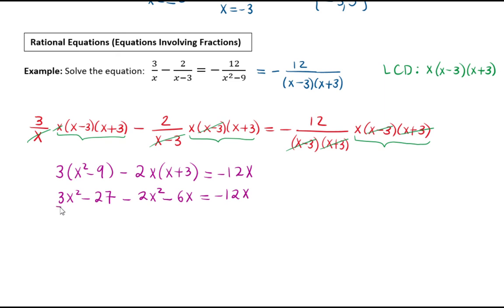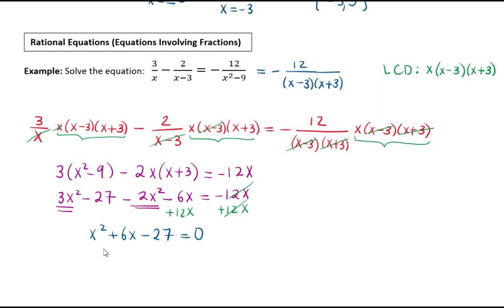So I can combine 3x squared with negative 2x squared, and I can move that negative 12x to the left side by simply adding 12x to both sides. These two will cancel. So here we go. We come up with x squared plus 6x minus 27.